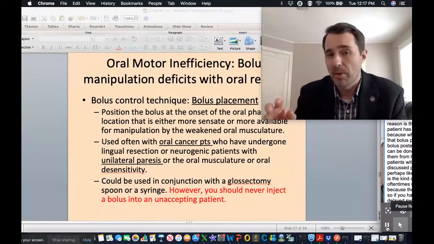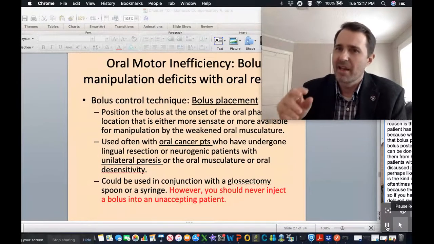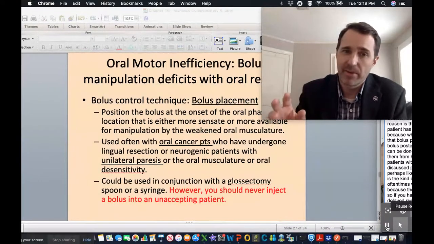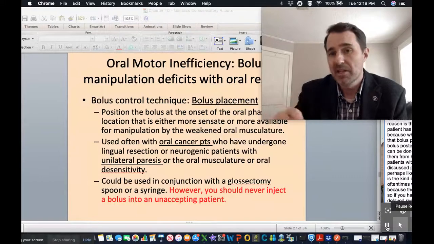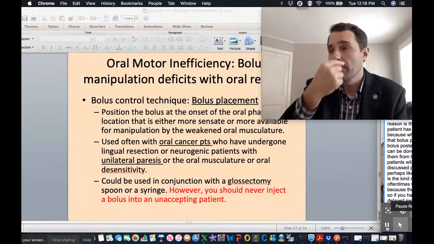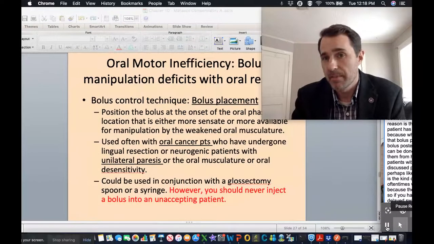That's an important thing. And then if they can handle that responsibility themselves, teaching the patient where to place the bolus in the mouth.